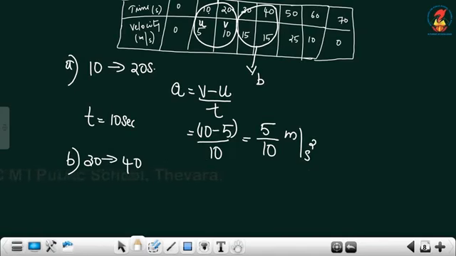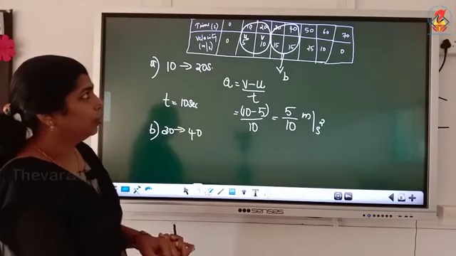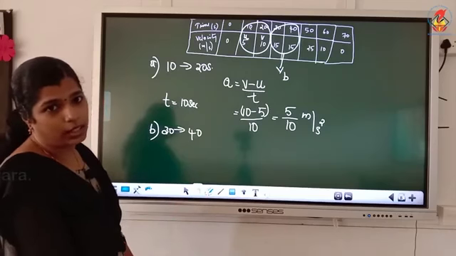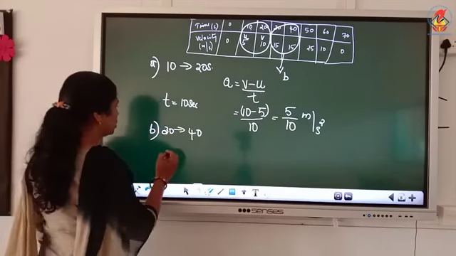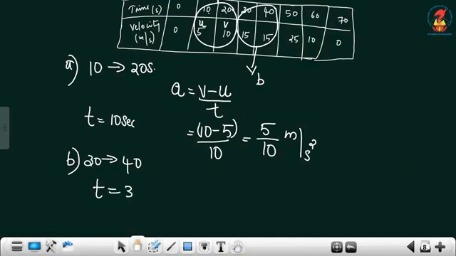Now, what is the time difference or time interval? 40 minus 30, so 10 seconds. So t you got it as 10 seconds.